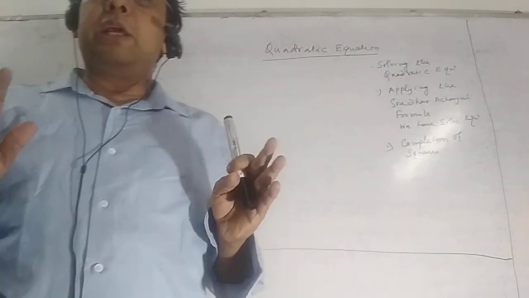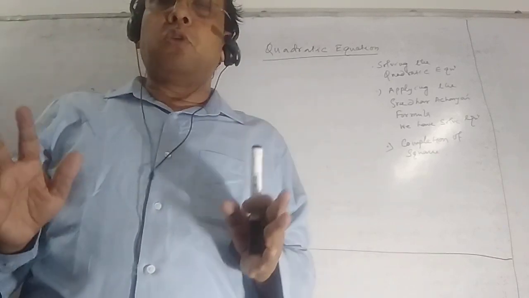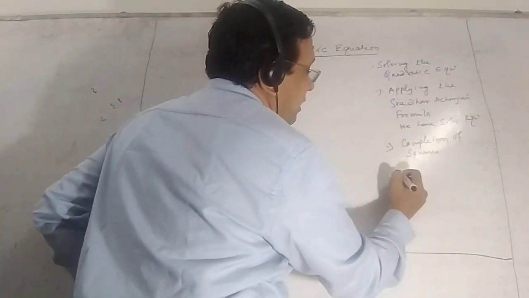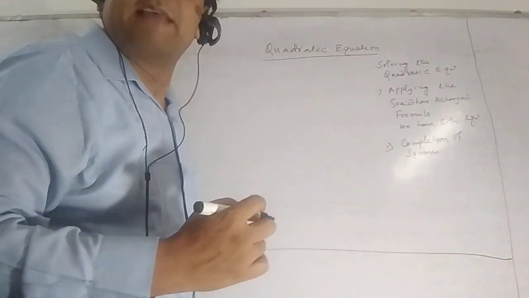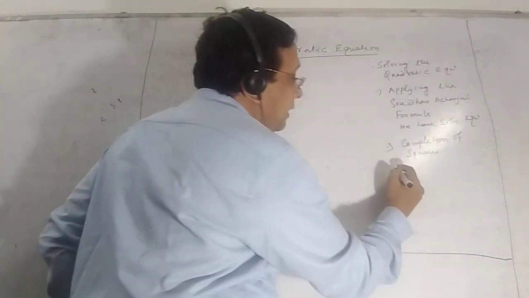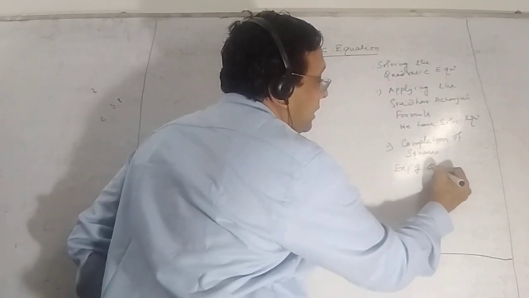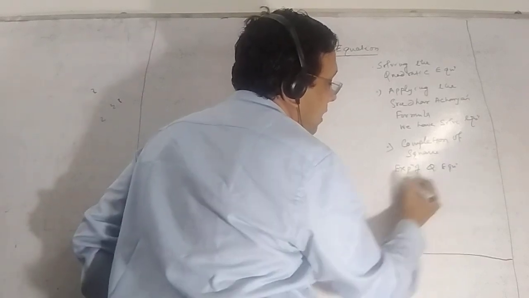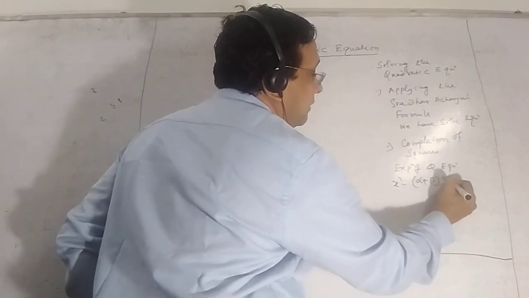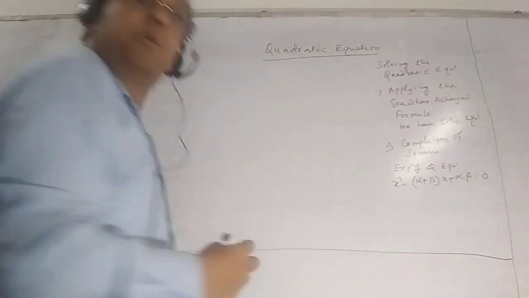Today basically we would like to know about the roots. Any quadratic equation can be expressed in terms of the sum of the roots and its product. Expression of a quadratic equation: x square minus (alpha plus beta)x plus alpha beta is equal to 0.